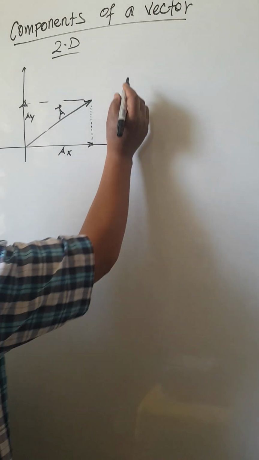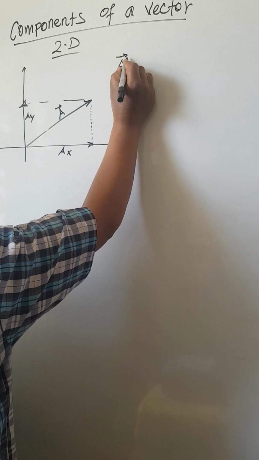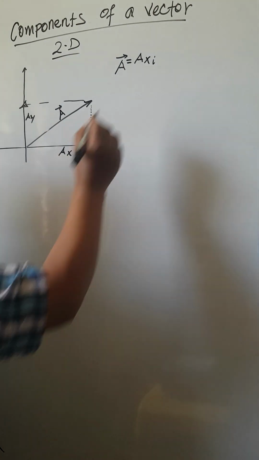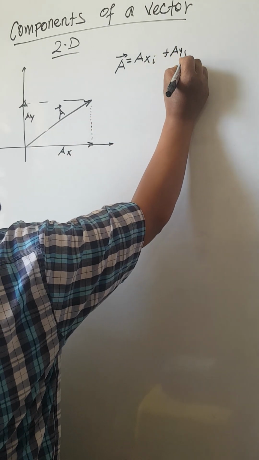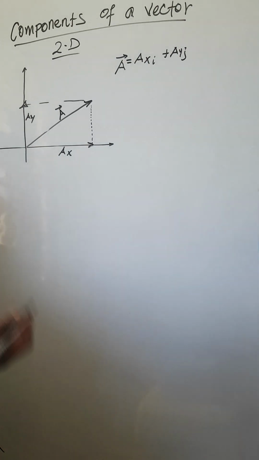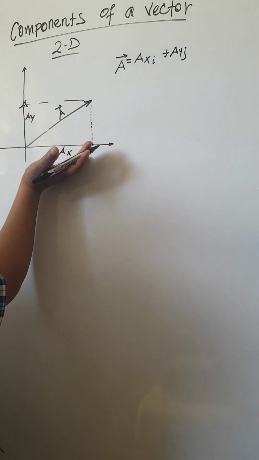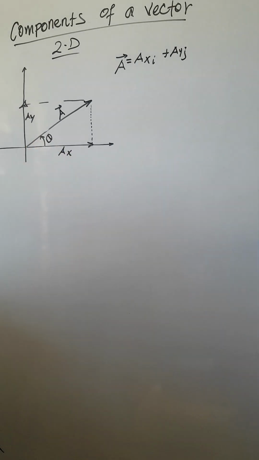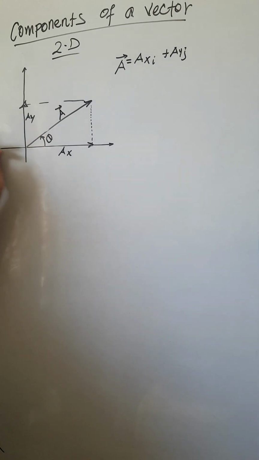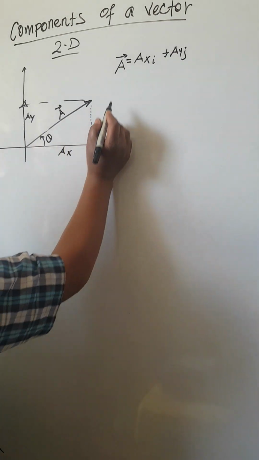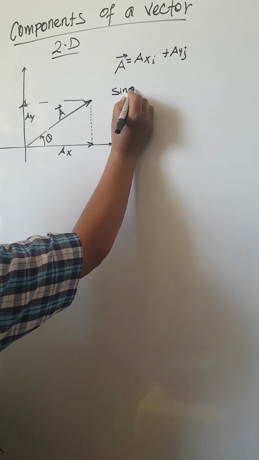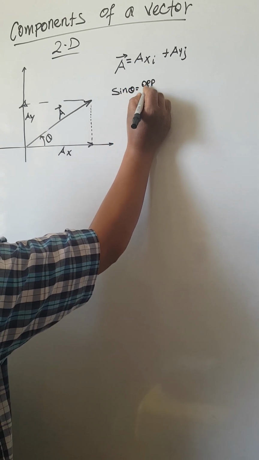Now in 2D, the vector A is represented as Ax along the i and Ay along the j. So if the vector is between the x and the y-axis, it's making an angle theta from the positive x-axis. From trigonometry, sine theta is equal to opposite over hypotenuse.